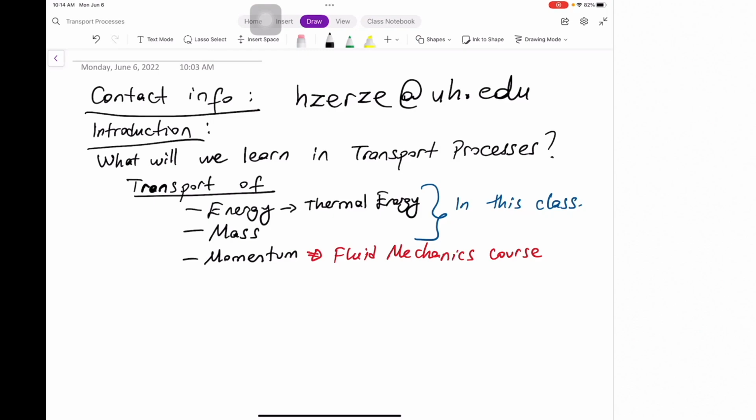For example, how the temperature is distributed within a solid body, how mass is transported from one place to another, what the rate of transport is, what the flux of a particular species is, what the heat flux is, and how we can use this knowledge to model or design chemical engineering systems, for example reactors and heat exchangers, all useful equipment in the production of a product.